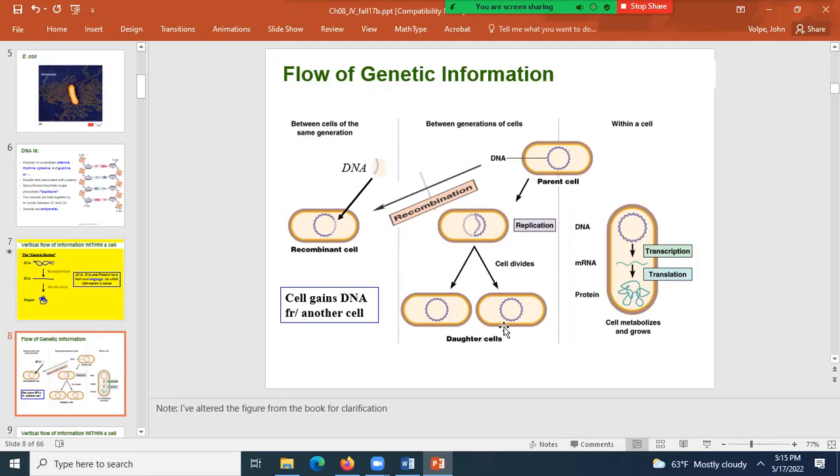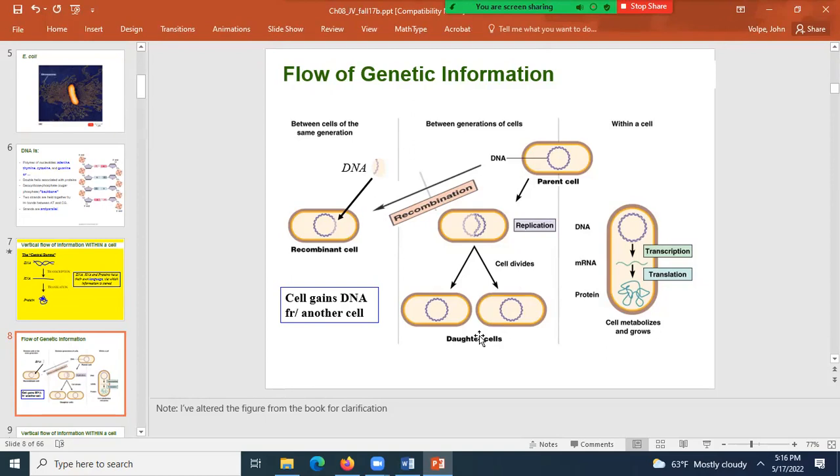And then the two daughter cells will each get a copy of the parent DNA. That we call the flow of information between generations of cells, or if you're talking about parent and offspring, it's the flow of information from the parent to the offspring. With humans, this is going to be a little bit different because you have two parents, not one, and usually you have one child. Sometimes you have more than one, but most of the time it's just one.